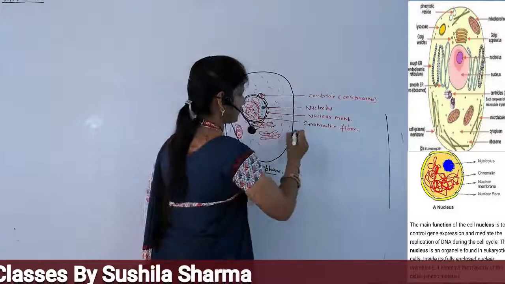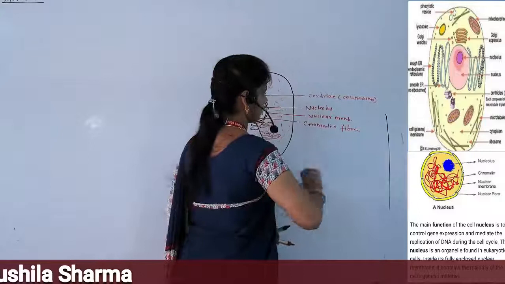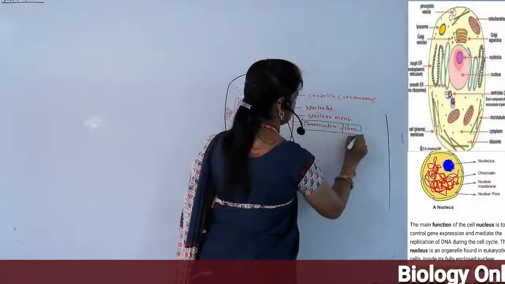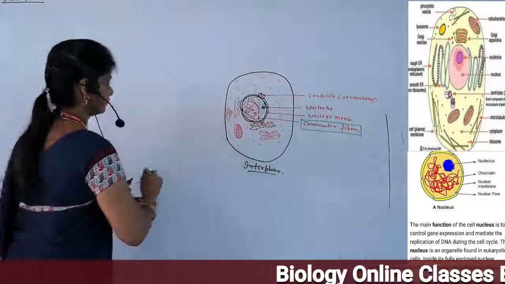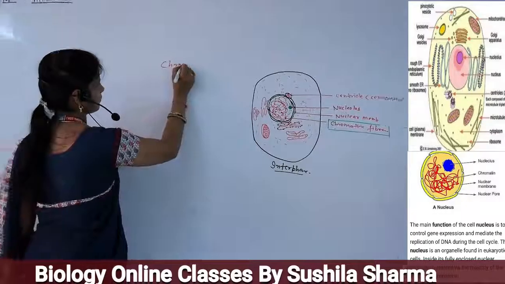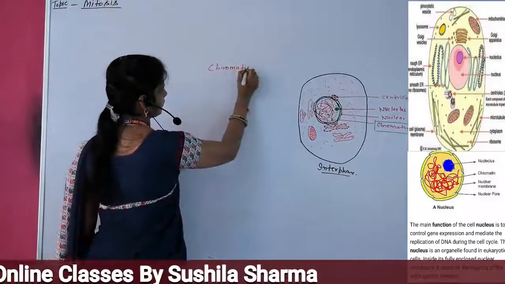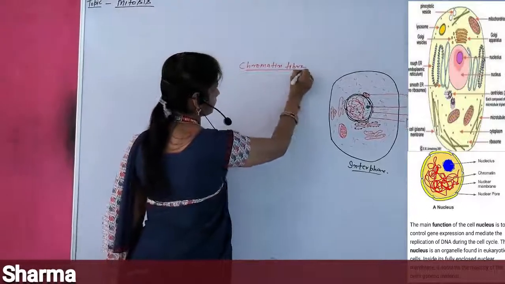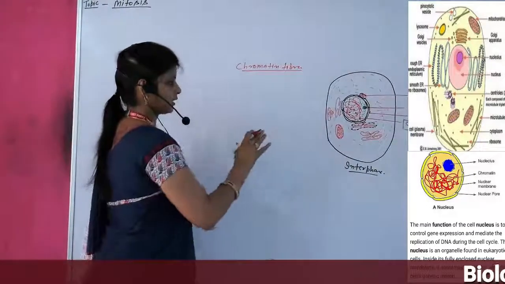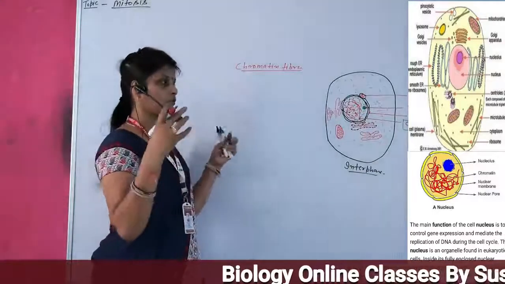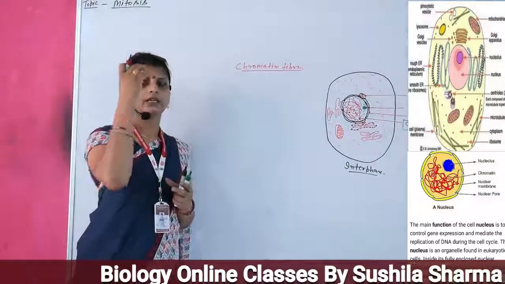Then firstly we discuss chromatin fiber. What is chromatin fiber? In normal case and in interphase, chromosomes join with each other and form a thread-like structure.